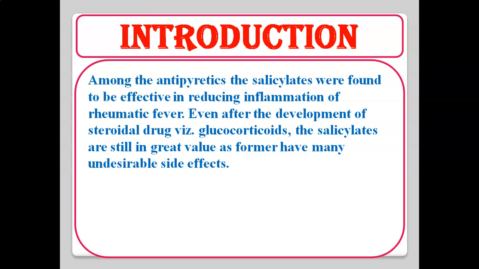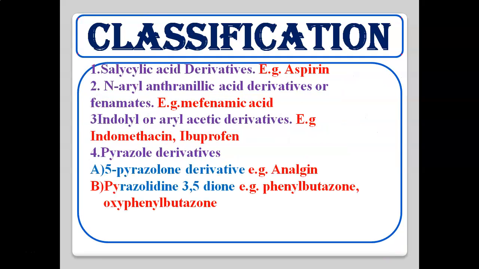Let's see the classification of non-steroidal anti-inflammatory agents. There are mainly 4 classes. First is salicylic acid derivatives, example is aspirin. Second is N-aryl anthranilic acid derivatives, also called phenamates, example is mefenamic acid.